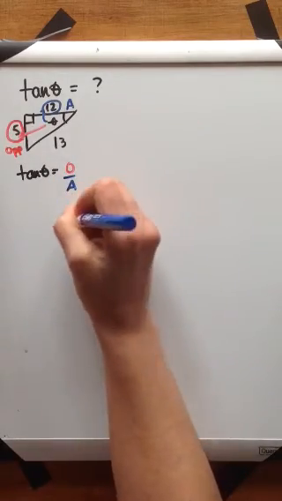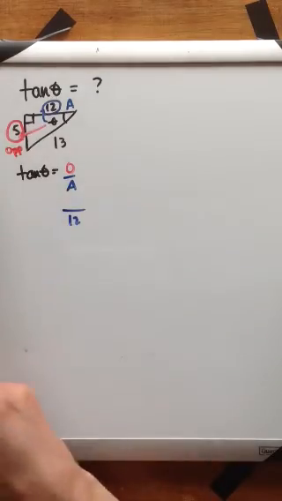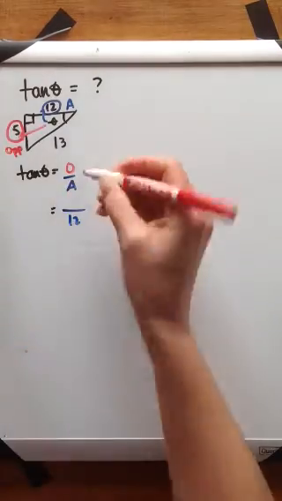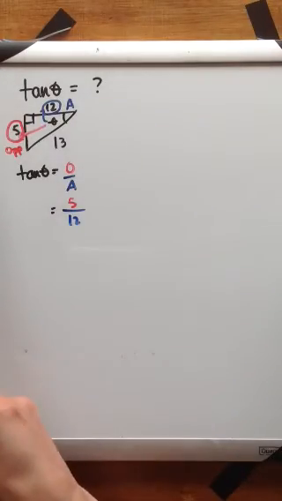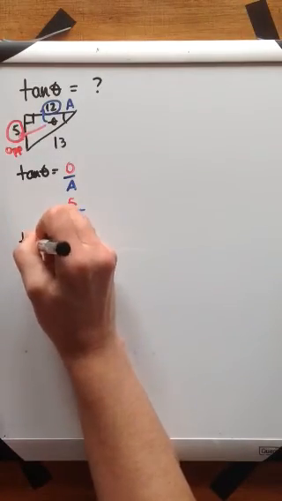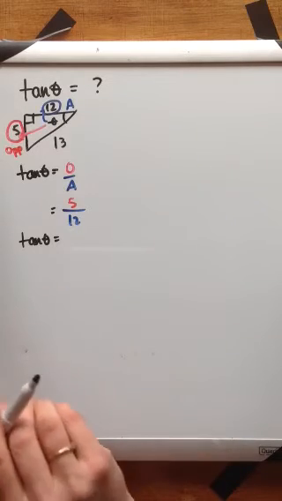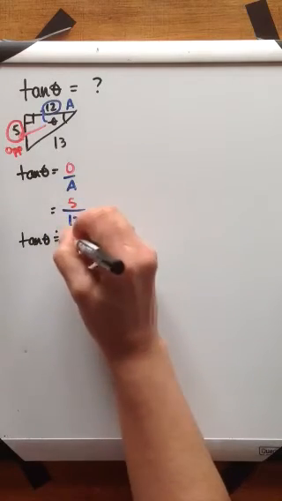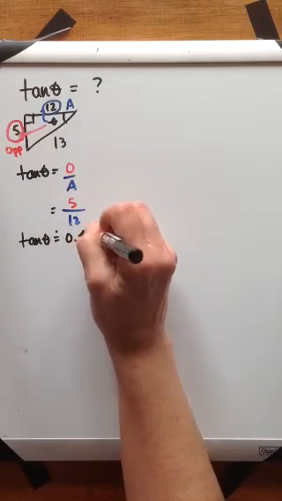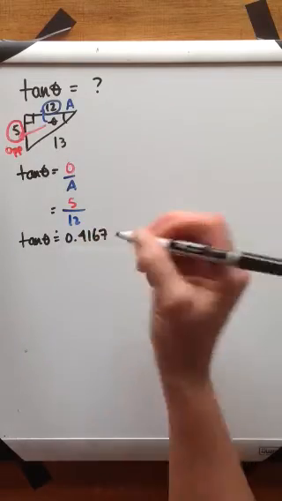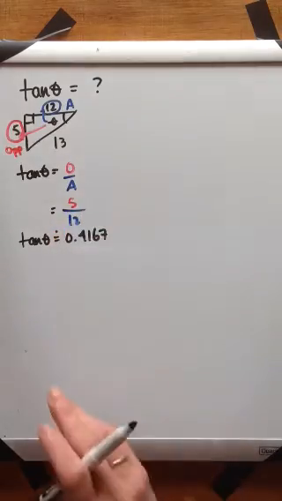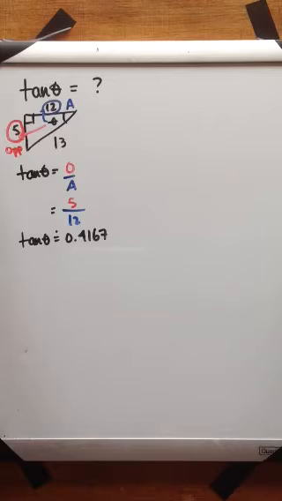So our adjacent value was 12, our opposite value was 5, and therefore the tangent ratio for angle theta is 5 divided by 12, and 5 divided by 12 comes out to 0.416 repeater. So we'll go approximately 0.4167, and I'm going to go to 4 decimal places when I'm looking at tangent ratios. We'll talk about that a little bit later.